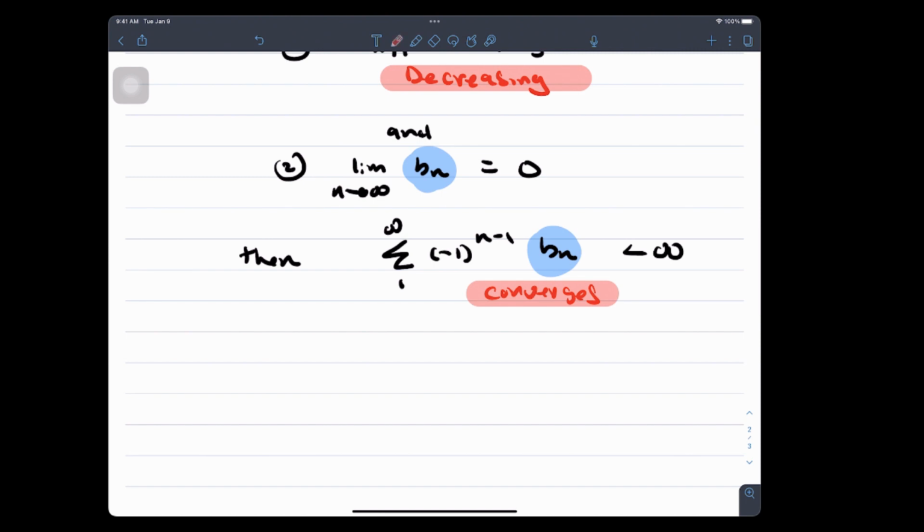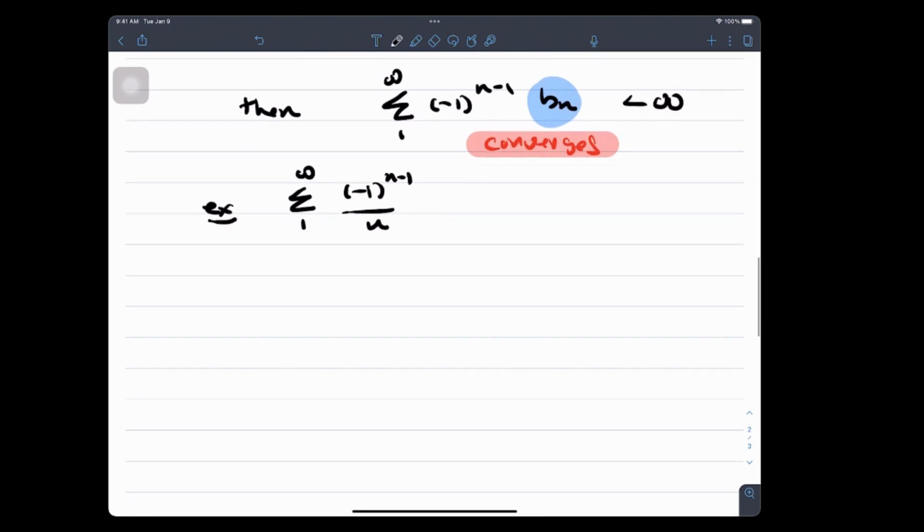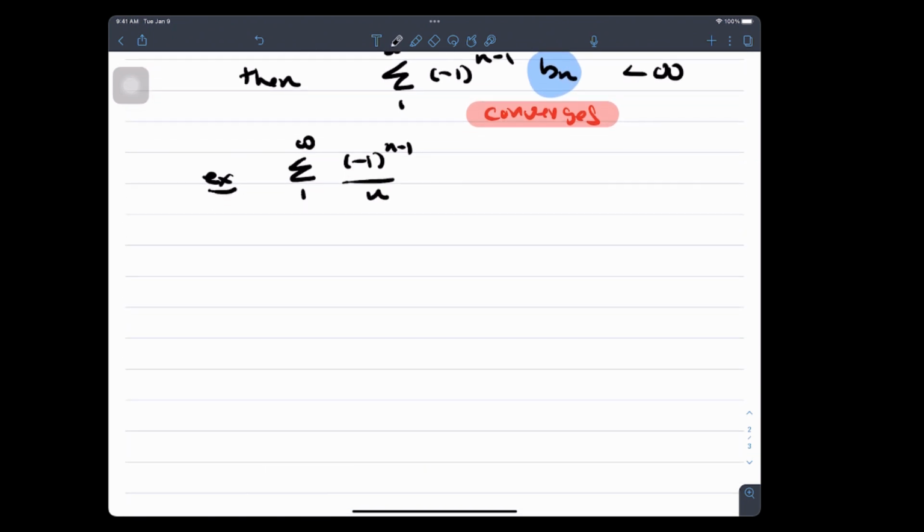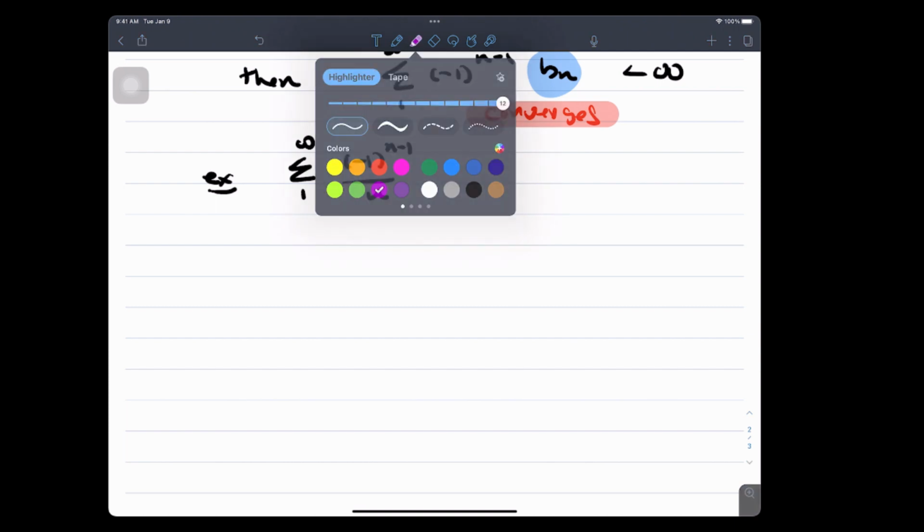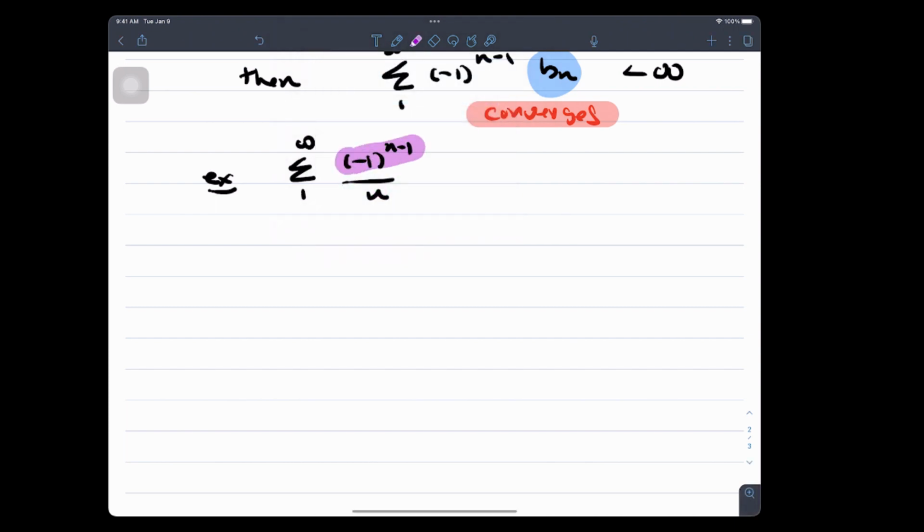Okay, so here's an example here. Okay, so you might say, okay, well, what's an example of this? Here it is. That's the alternating mechanism. Your Bn is 1 over n.